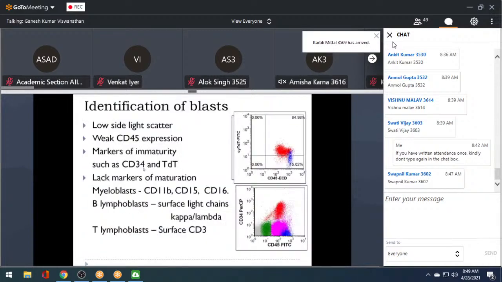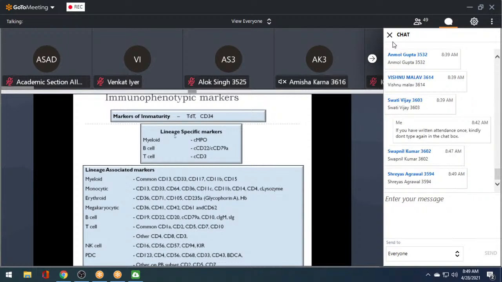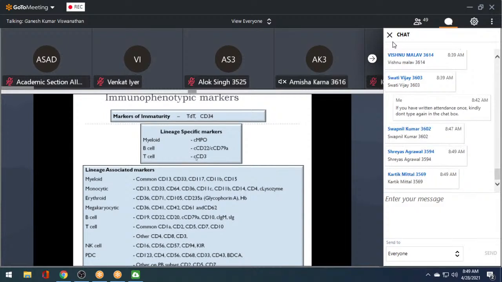And in addition to the immaturity markers and CD45, you can do other markers to identify the lineage. For myeloblasts, you can do CD11b, 15, 16. For B and T lymphoblasts, you can do CD3. And then for B lymphoblasts, you can do other markers. So what are the lineage-specific markers? For myeloid, it is MPO. For T cells, it is CD3, present within the cytoplasm; the small c indicates cytoplasm.